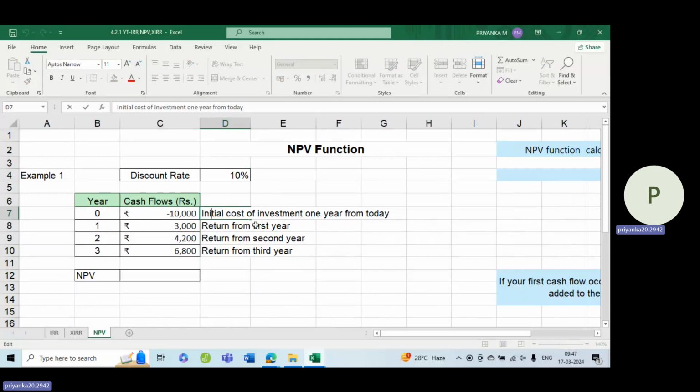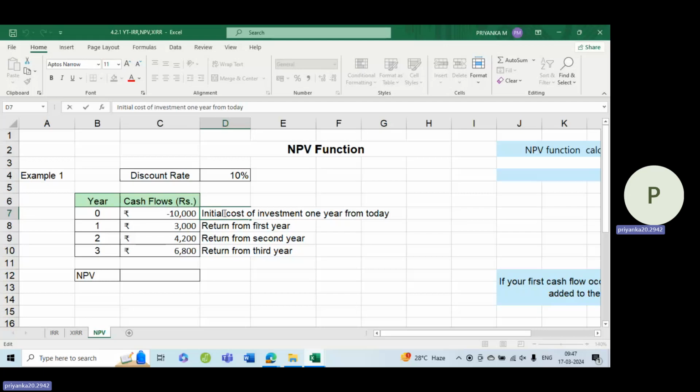So my initial cost of investment is not at the beginning. You have to remember that. I'm not going to invest 10,000 at the beginning itself. It may happen gradually, or even at the end of the first year. They may have balances here and there, and finally they can settle it.